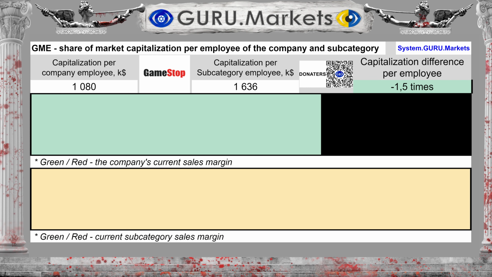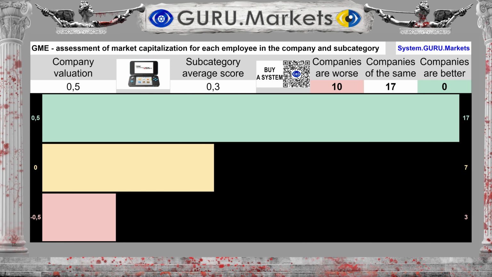The amount of capital per company employee is $1,080,000, whereas for the subcategory it is $1,636,000. The difference between the subcategory average and the company's performance is 34%. Estimation of the volume of market capital per employee in comparison with the indicators of companies in the subcategory: Good, 0.5 points.